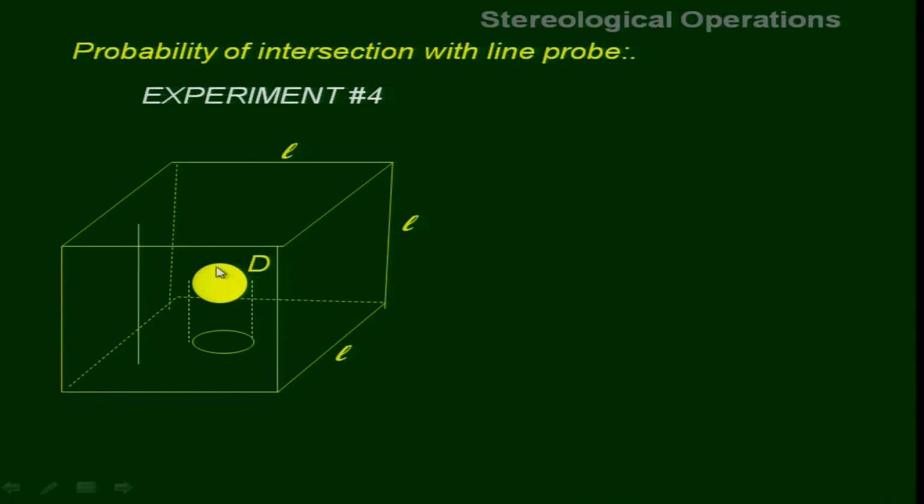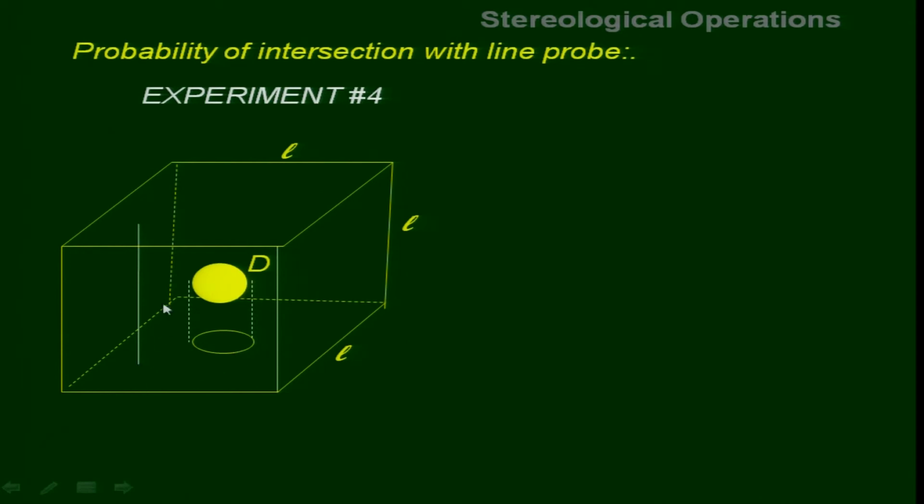Well, this problem can be reduced to experiment number 1 of the point being dropped on a two-dimensional plane, and how? Project the spherical particle onto the bottom plane. The projection will show up as a circle. Now, the random location of this random line is nothing but the location of the end point of this line on the surface on which we have projected the spherical particle.